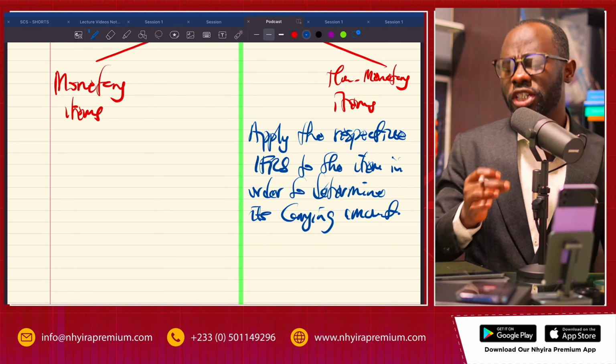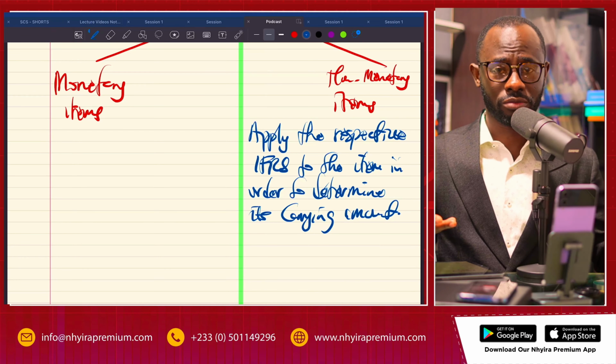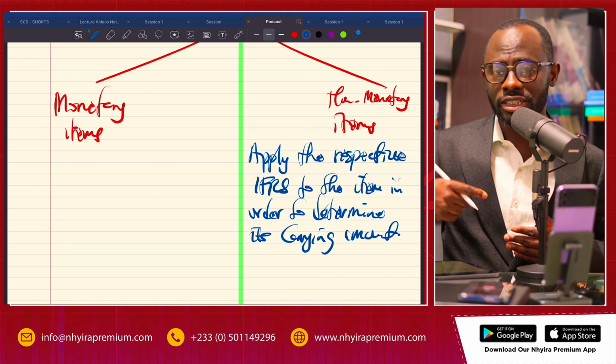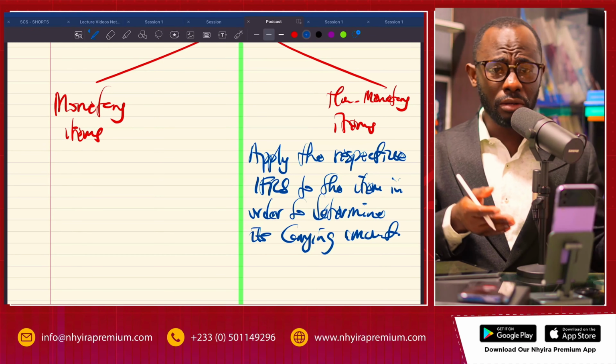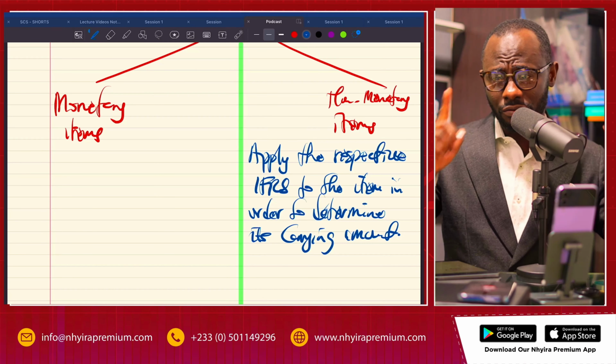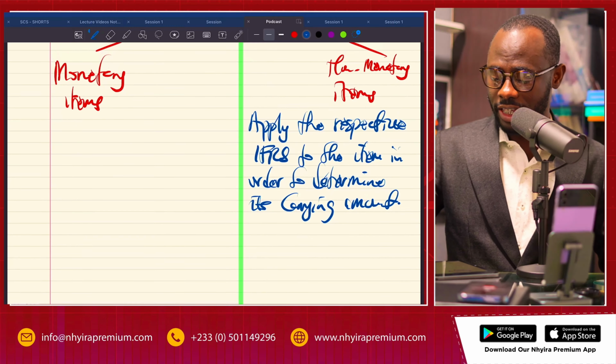But if it is a monetary item like trade receivables, trade payables, other forms of liabilities, then we have to retranslate it at the reporting date using the exchange rate at the reporting date. Very important. That is, if it is still outstanding at the year end.